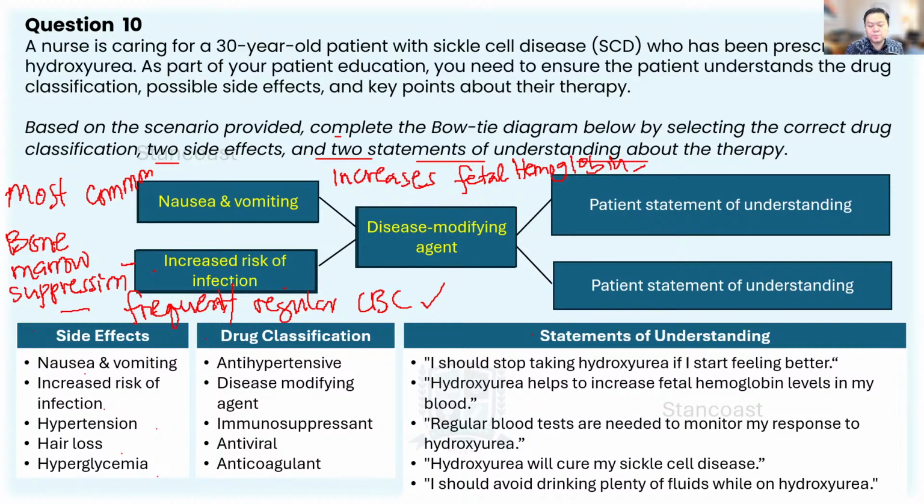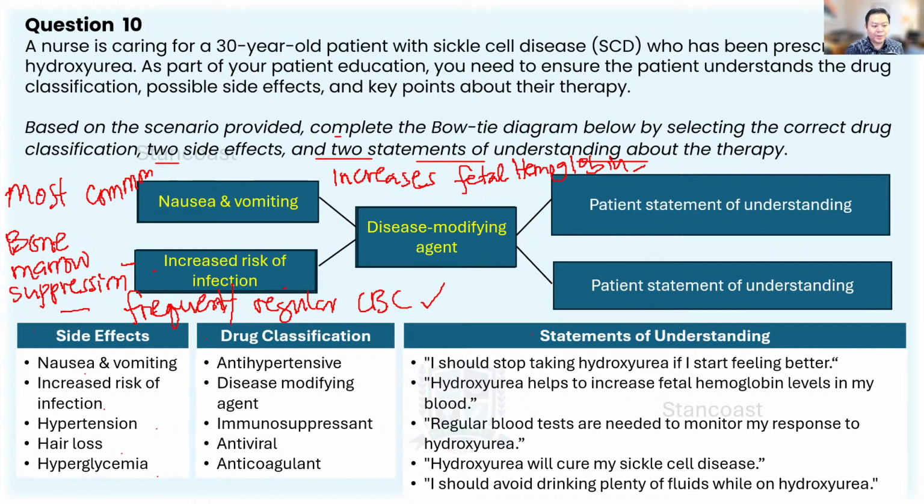Now let's answer about the correct statements. What do you think would be the correct statements here? Oh, before we go to the others, what about hypertension? Do we know of hypertension as the side effect? No, it's not a typical side effect of hydroxyurea. Hair loss is not a side effect either in the hydroxyurea, but hair loss can be a side effect in other anti-neoplastic agents, but not hydroxyurea.